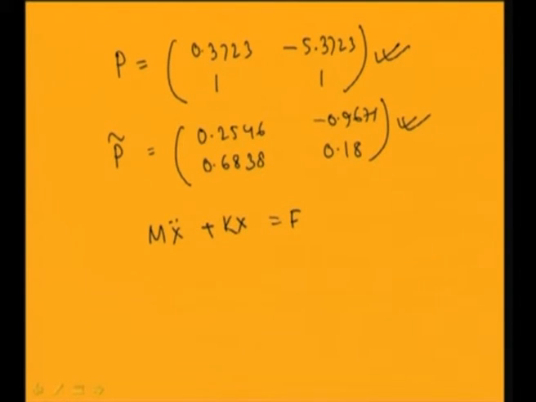So substituting x equal to P, the weighted modal matrix, times y, I can write M P y double dot plus K P y equal to F. Now pre-multiplying by the weighted modal matrix transpose, we get P transpose M P y double dot plus P transpose K P y equal to P transpose F. So already from the property of this weighted modal matrix, you know this becomes the unity matrix or identity matrix.